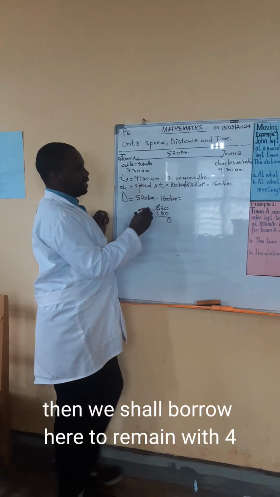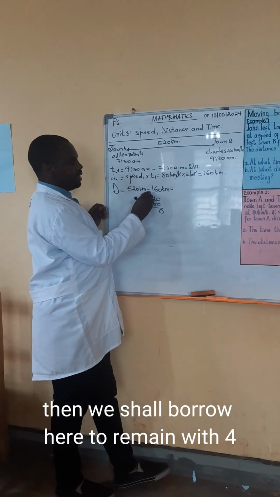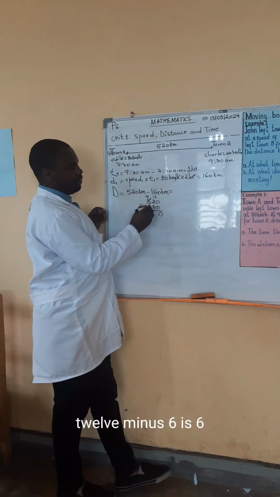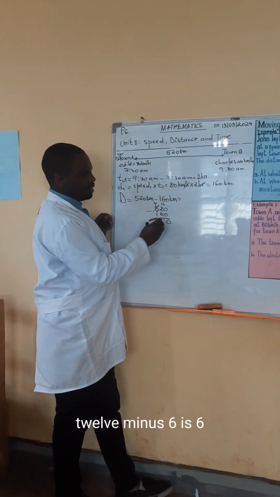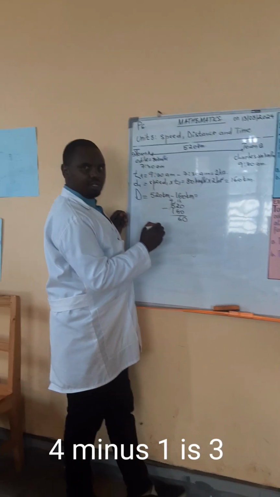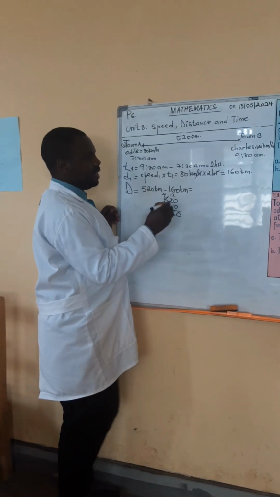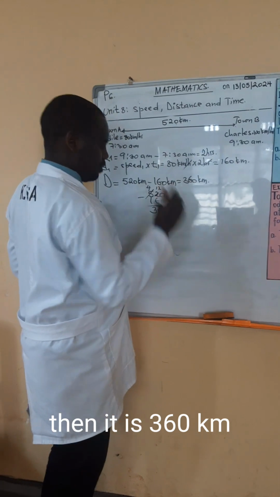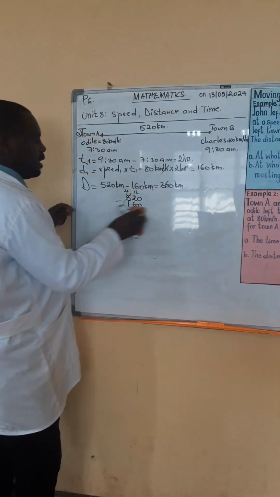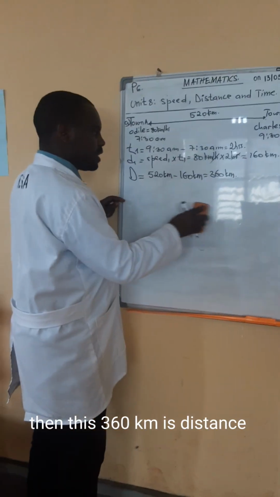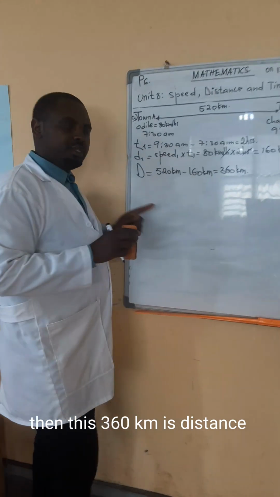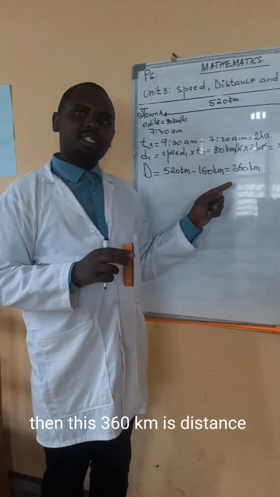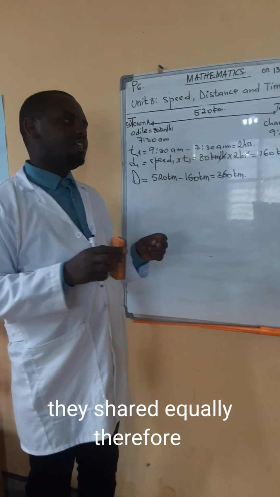Then we shall borrow here to remain with 4. Then here 12. 12 minus 6 is 6. 4 minus 1 is 3. Then it is 360 kilometers. This 360 kilometers is the distance they shared equally.